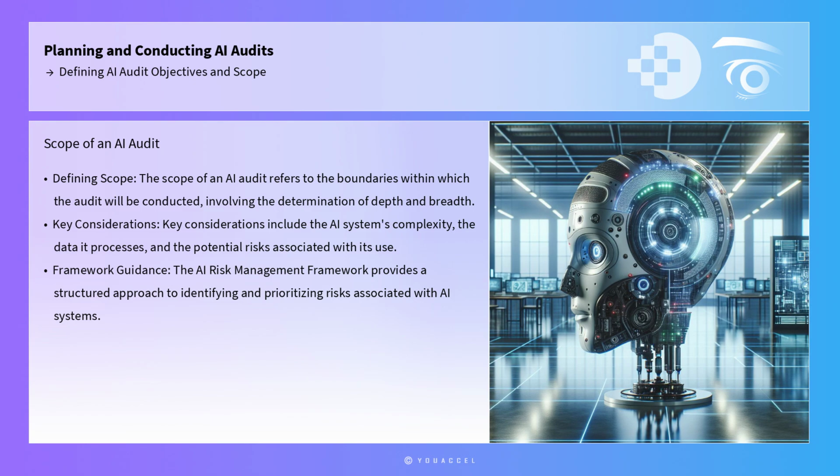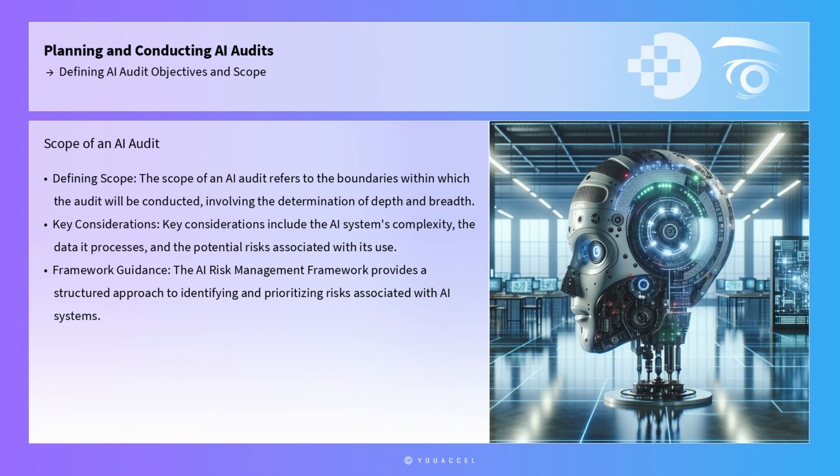The scope of an AI audit refers to the boundaries within which the audit will be conducted. Defining the scope involves determining the depth and breadth of the audit. Key considerations include the AI system's complexity, the data it processes, and the potential risks associated with its use. A well-defined scope ensures that the audit is manageable and focuses on areas of highest risk or concern.